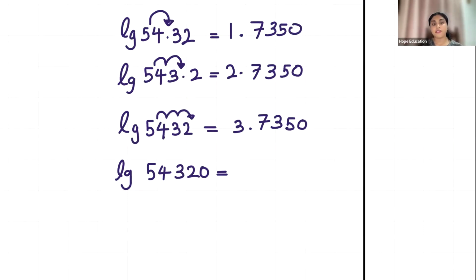Yeah. 543. We don't read the last 0 in the log table. I mean, 0 doesn't really have a value, so we don't have to read it. We can just read 5432. We know the mantissa is the same, 7350. Now, if you look at the characteristic, counting 1, 2, 3, 4 places back from the default, it's 4.7350.